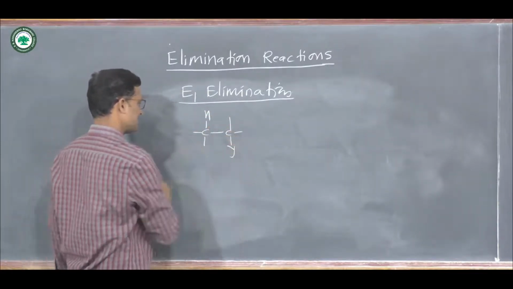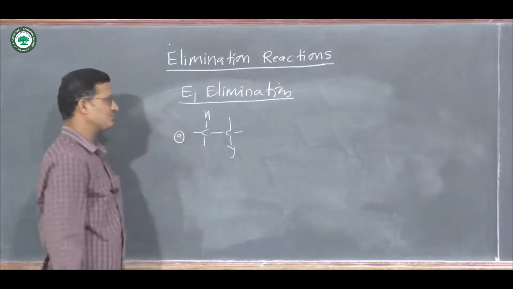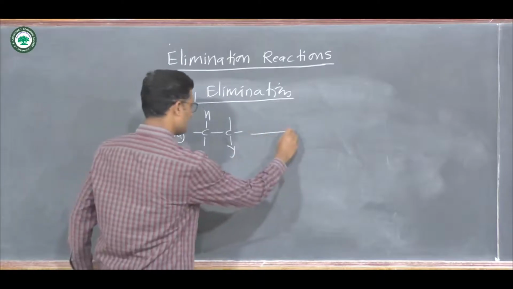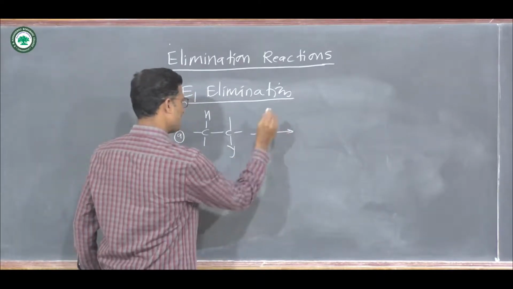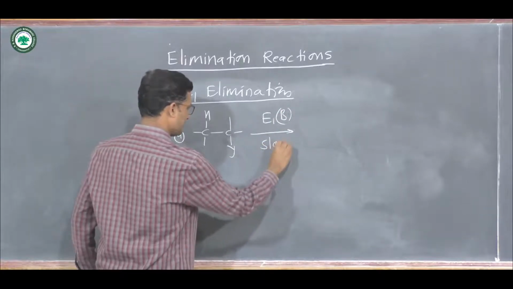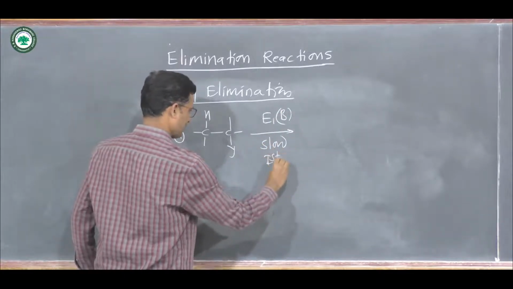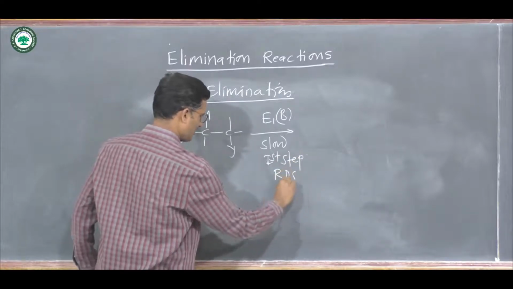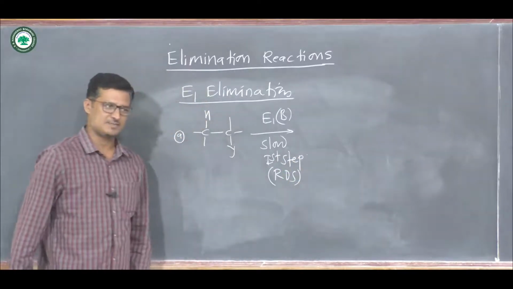Take this simple example. This reaction proceeds through two steps. In E1, we use the base, then this is the first step, and this first step is the slow step, or rate determining step.